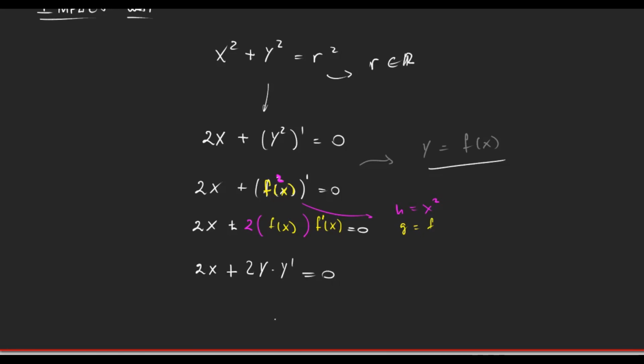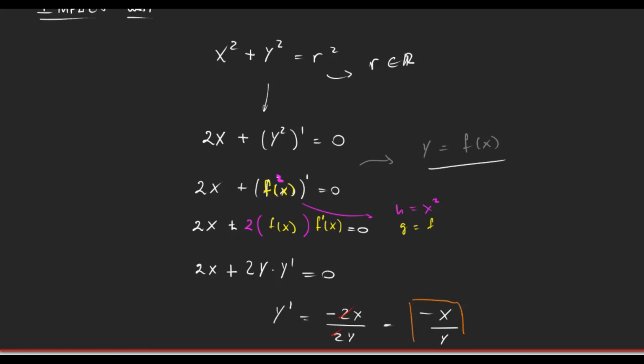So now let's isolate the y prime. We have y prime is equal to minus 2x divided by 2y. And now cancelling out the 2's, we get minus x over y.